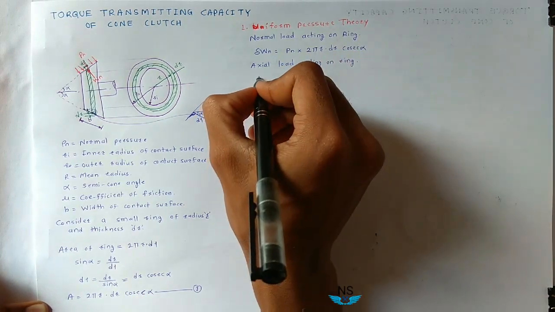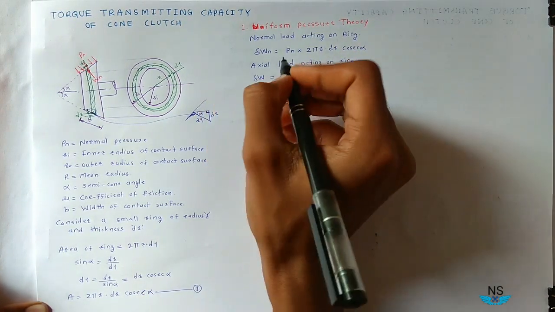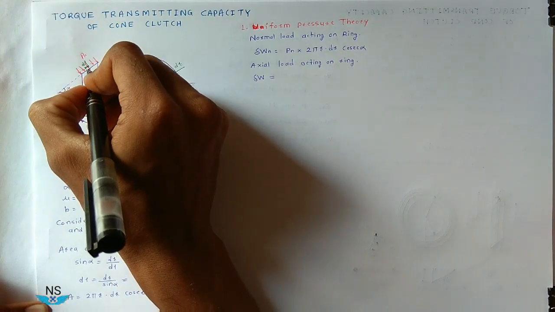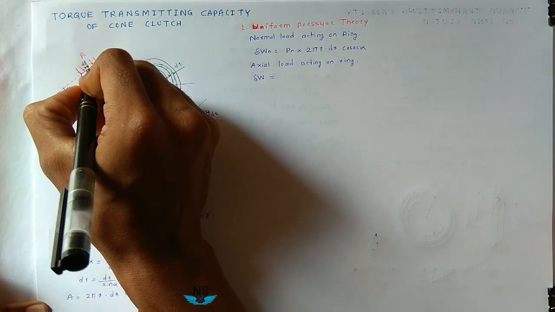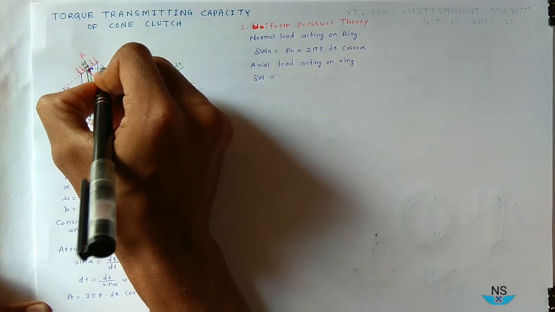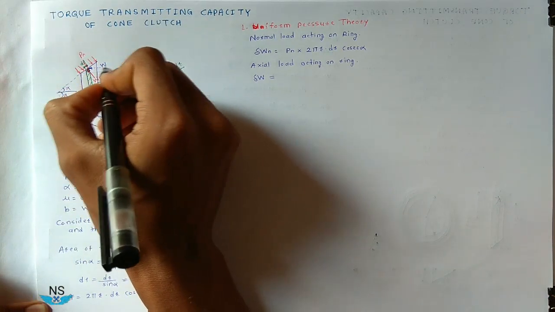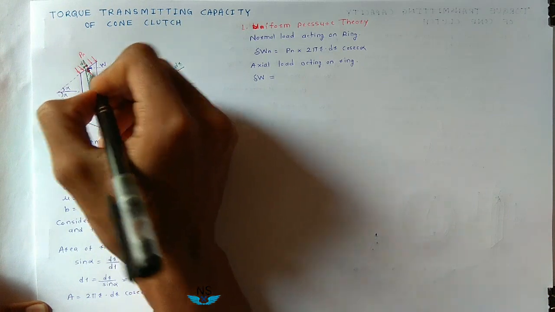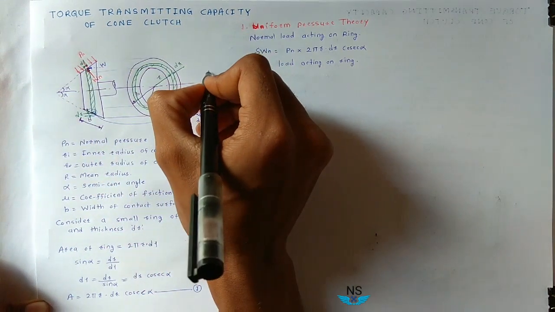So axial load acting on a ring, delta W is equal to, now if this is a normal load, then axial load is acting axially like this. So now this axial load W is a horizontal component of this Wn. So I am drawing figure here.